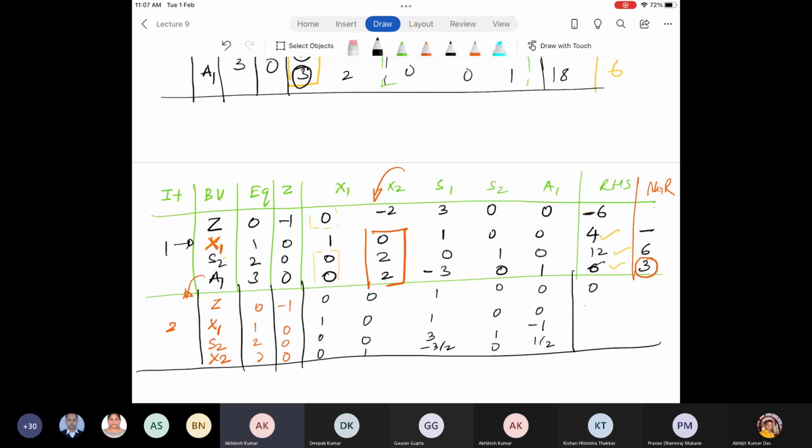Right hand side you will get 0, 4, 12 and 3. Did you get this?